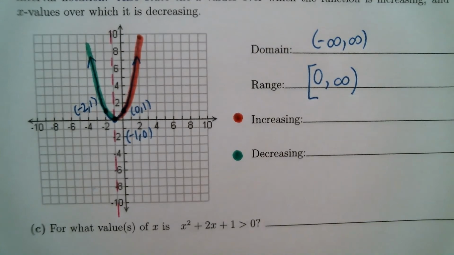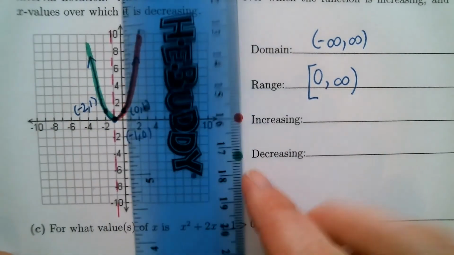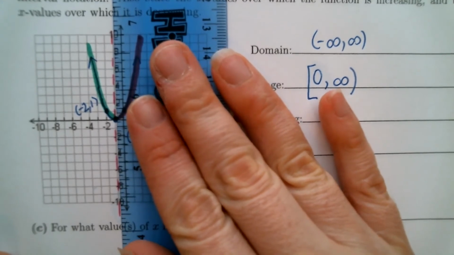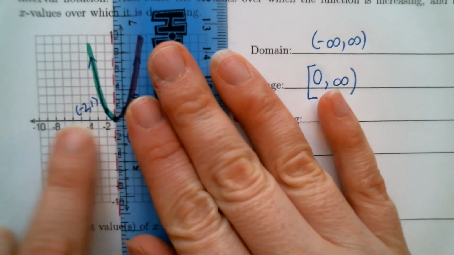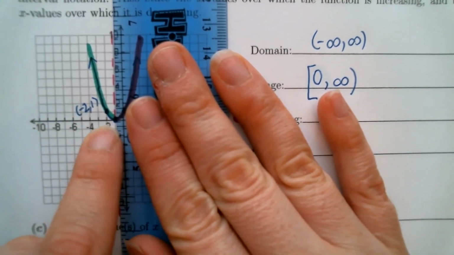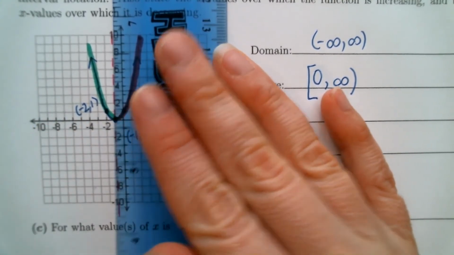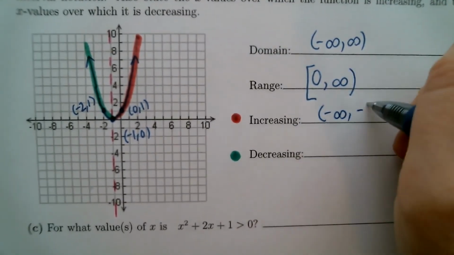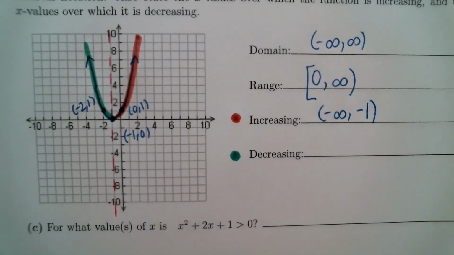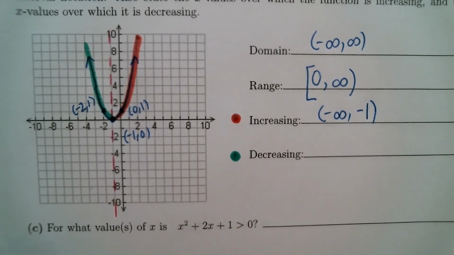To write down the answer, remember, we have to use x values. If I write down the decreasing part first, I'm going to cover up the increasing part. So this is occurring over these x values, from -infinity to -1. Again, we don't care about endpoints. We're not particular about those for increasing or decreasing. Oh, I'm sorry, I put that in the wrong spot.